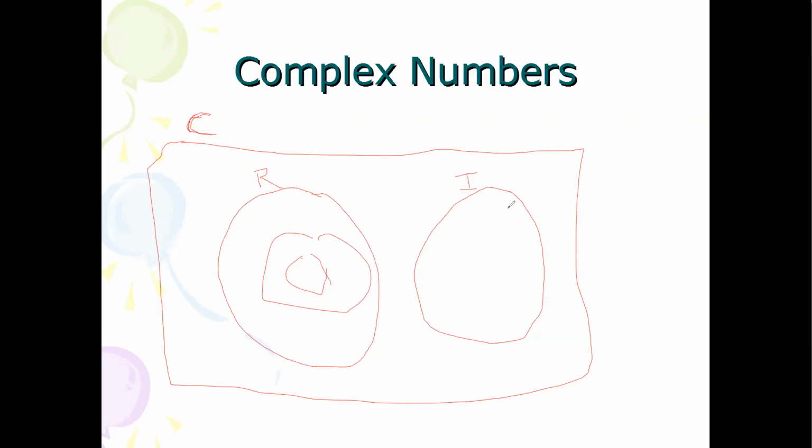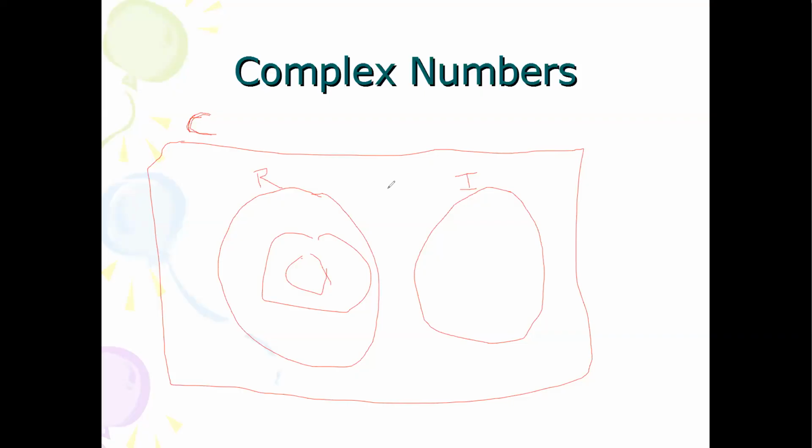You widen your horizon now to see that we have a new universal set. It is a set of complex numbers, right? So complex numbers include all the real numbers, all imaginary numbers, and inside here you would have numbers that are a combination of the two.